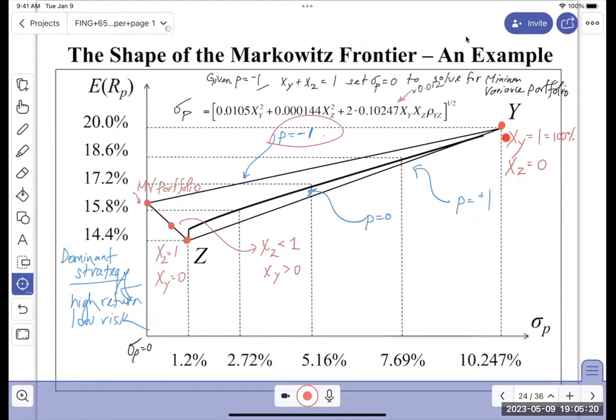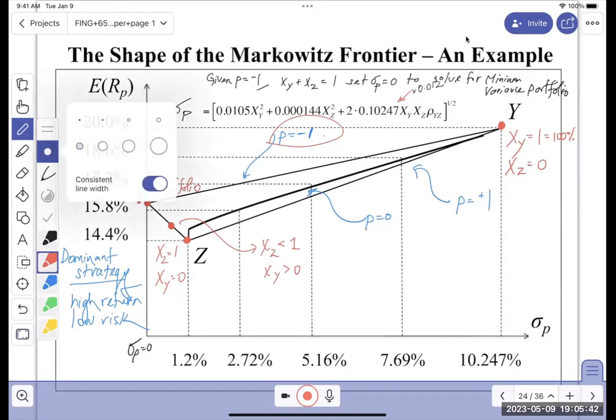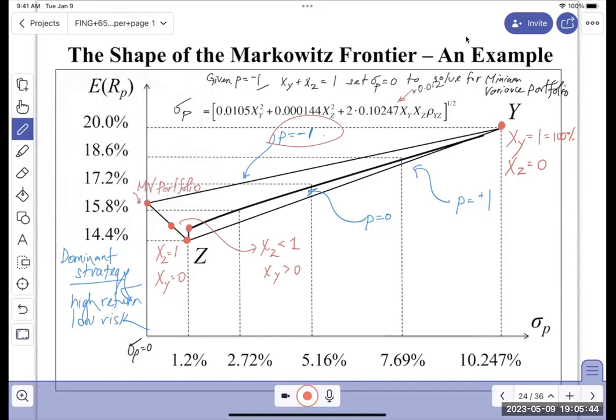So what happens is you have the same thing. This little stretch here will not change the measure of risk if you add a little bit more of Y in. So the decisions for these investors start here. I'm going to put a green circle around it.